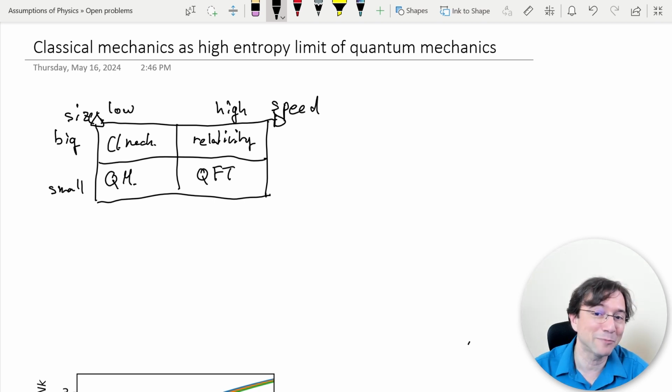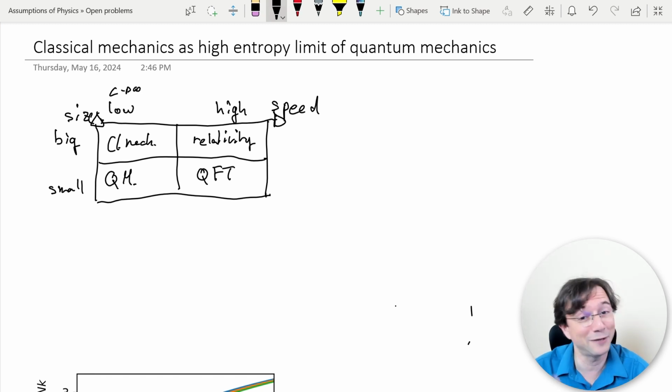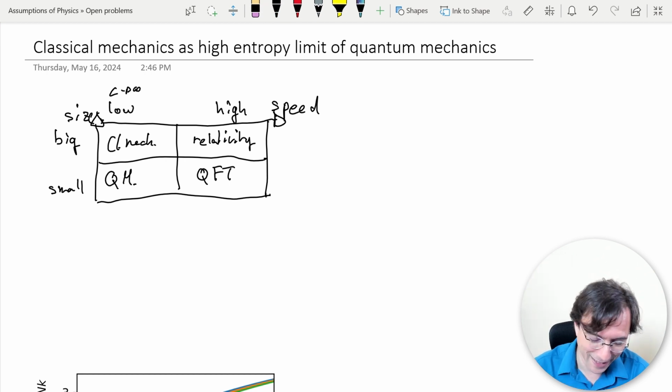And sometimes people say that this is the limit where c goes to infinity. No, actually, the other side. This would be the limit where c is going to infinity. So the speed is low because the speed of light is high.